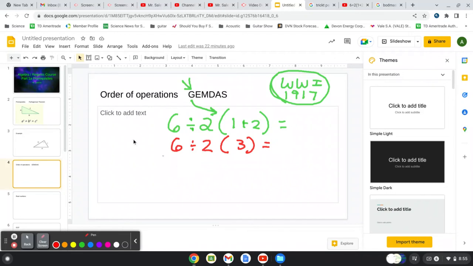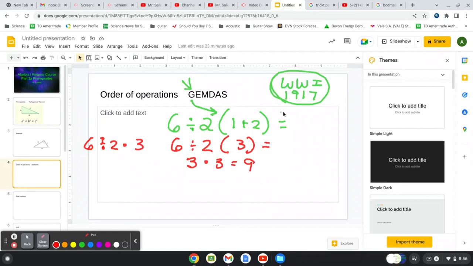So this actually would look like this. 6 divided by 2 times 3. So you have to do division first because division comes before multiplication in the problem. So that'll be 6 divided by 2 is 3, and 3 times 3 is 9. So you should have had 9 as your answer.